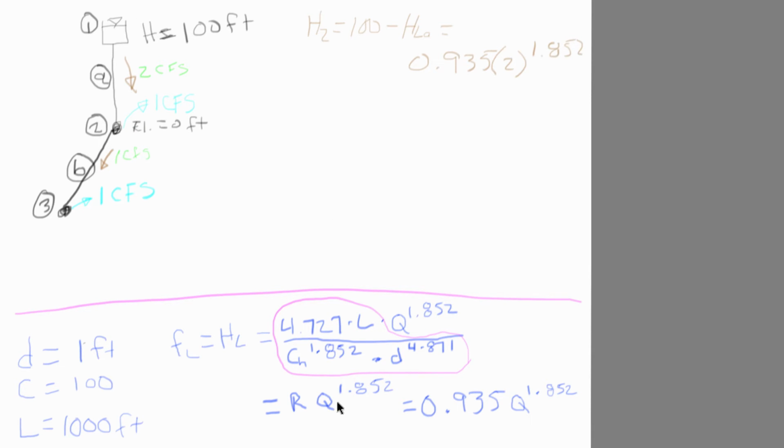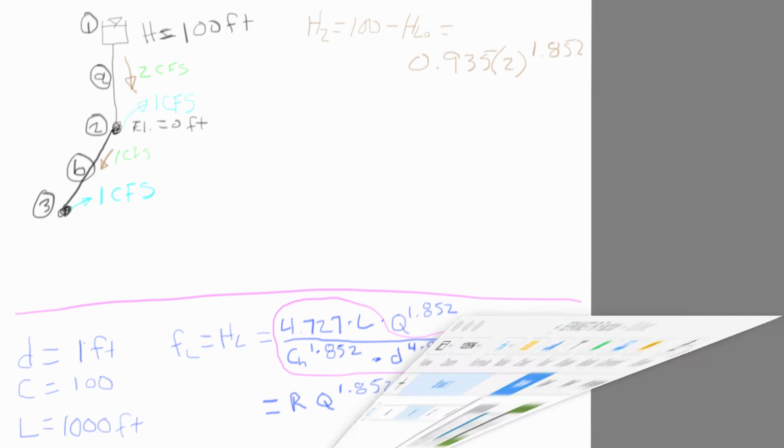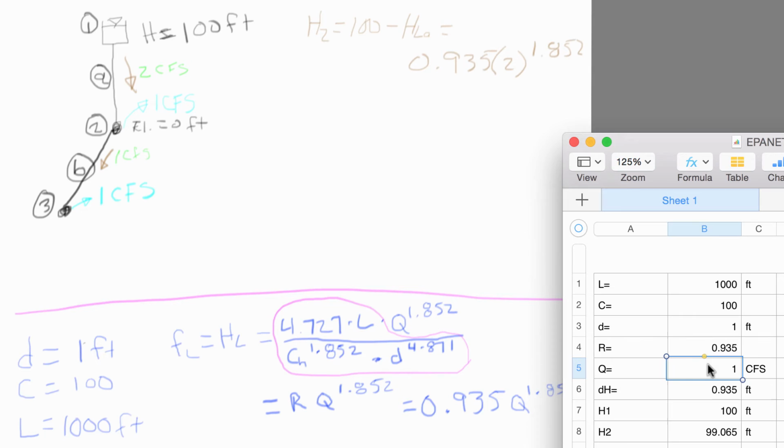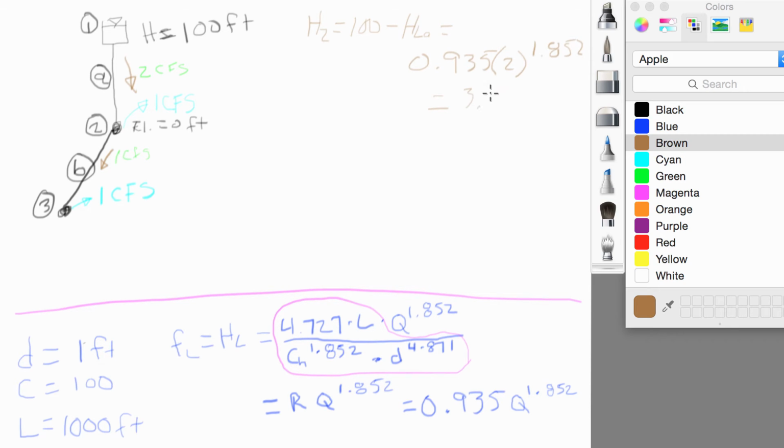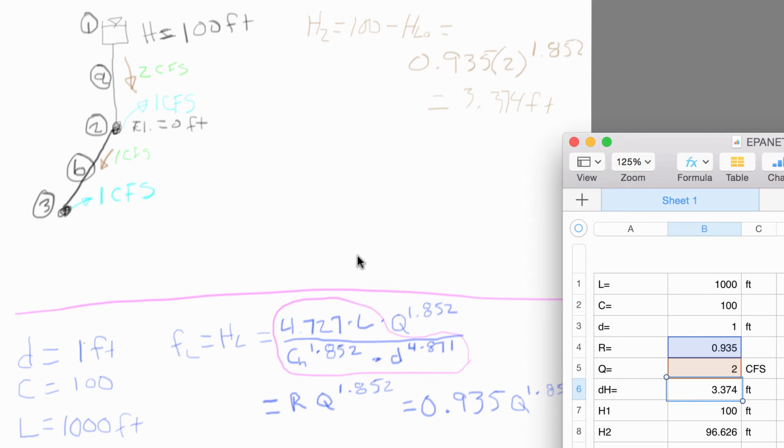Okay, if I bring up my little handy dandy spreadsheet here that I've put the formulas in, we can look at what the head loss is for 2 CFS. We see that that is 3.374 feet. And that the head at node 2 would be 96.63.